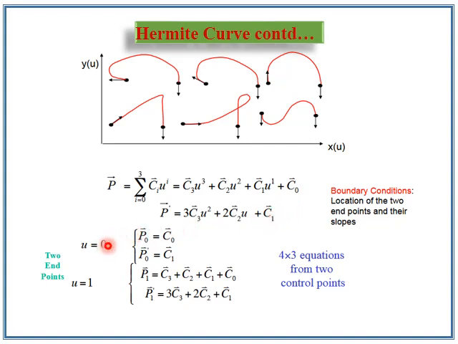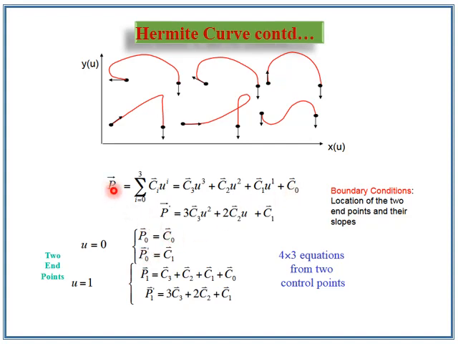Now substitute u equal to 0 and 1 in this P equation. So we will get P dash equal to C1 and P0 equal to C0. Since u is 0, all these terms will become 0 and only one coefficient will be there, which is C0.